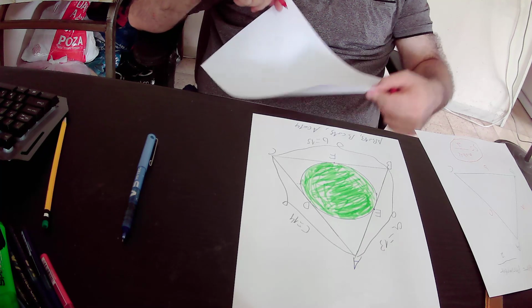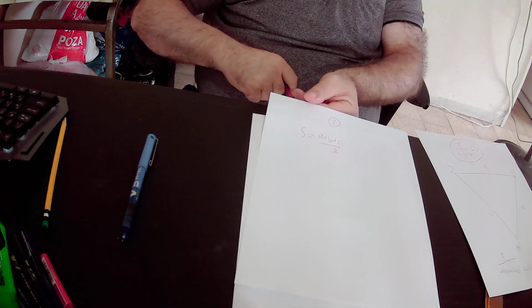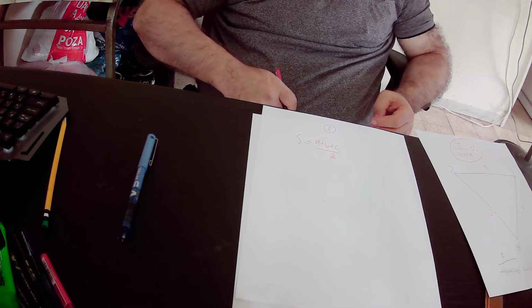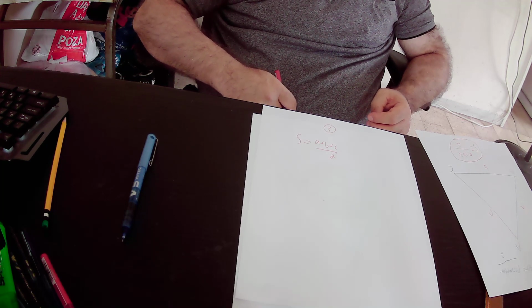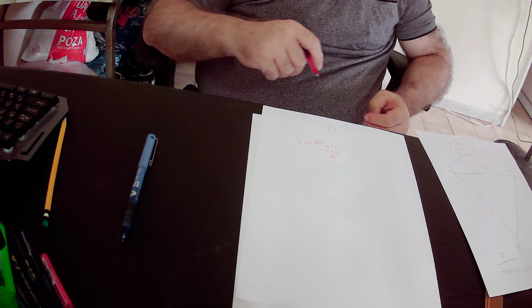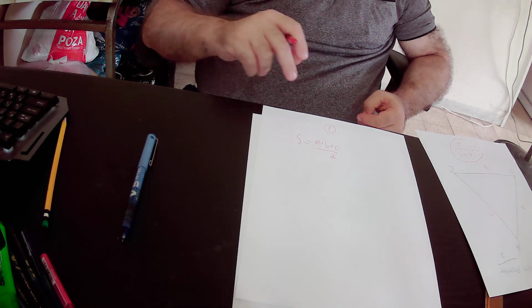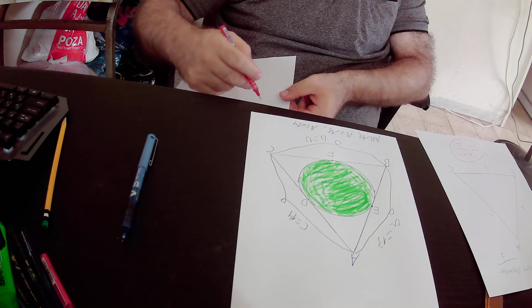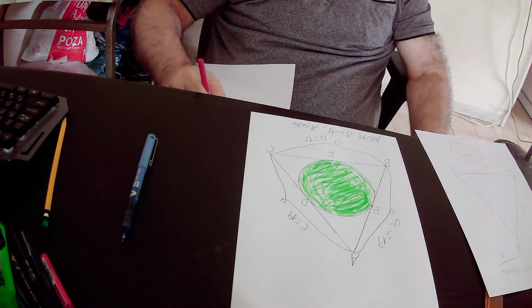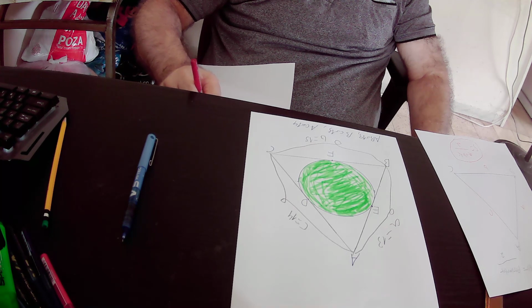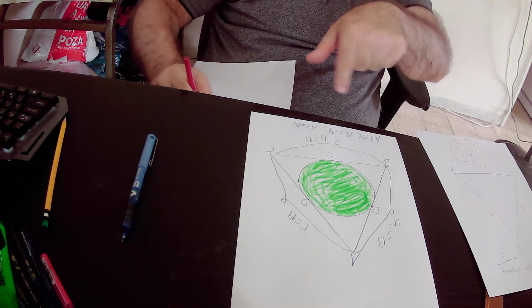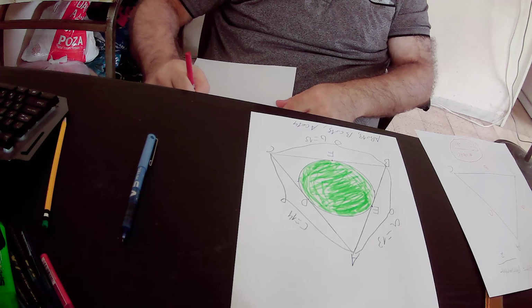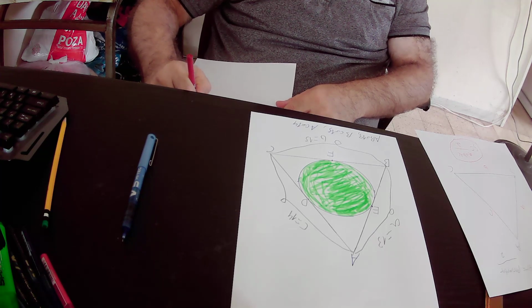But we know that A equals 13 units, B equals 15 units, and C equals 14 units, over 2.